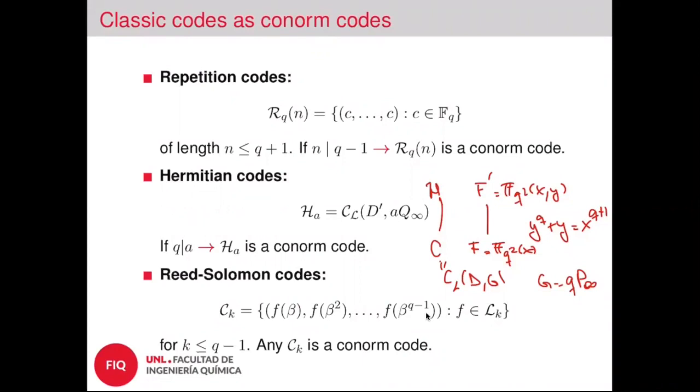But the general problem is still open because they cannot handle subfield subcodes, and so maybe this could be good or not for that. And well, we have to work more.